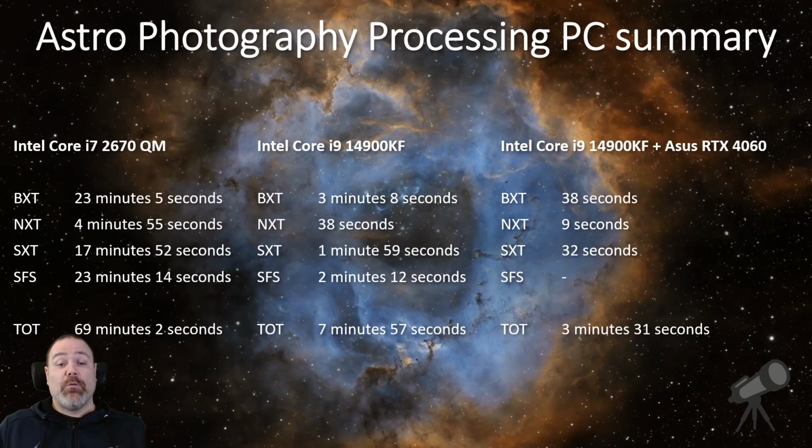That took a whopping 23 minutes and 14 seconds to complete measuring for those 196 light frames, and on my new computer it took 2 minutes and 12 seconds. Now, I could not enable GPU acceleration for that because there's no support in PixInsight yet for that, so it took the same amount of time.